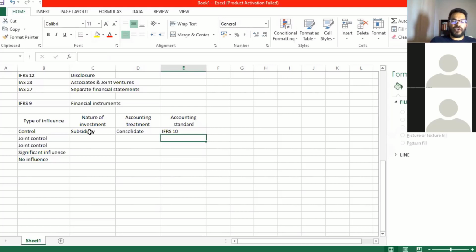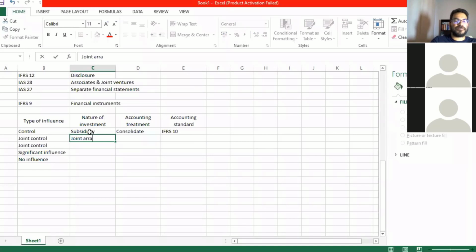If you have joint control, you'd have a joint arrangement. If you have joint control, it means you have a joint arrangement. Now, for a joint arrangement, there's more than one. One of it is a joint operation. So if you have joint control, that means you have a joint arrangement.